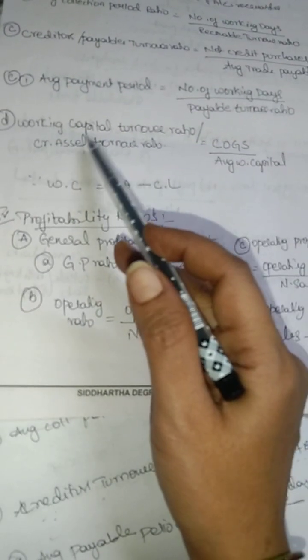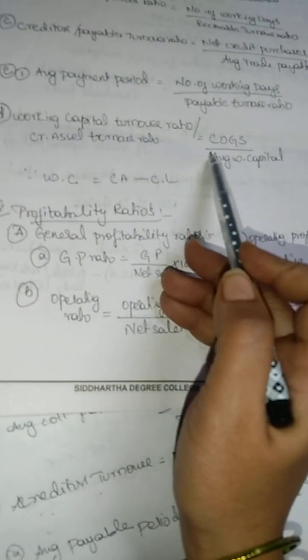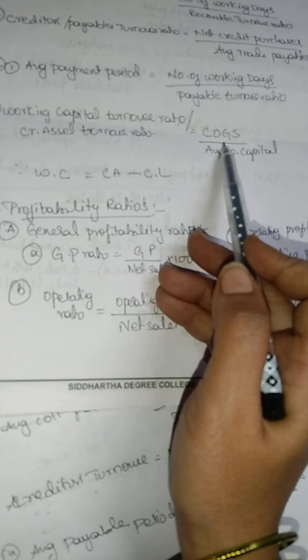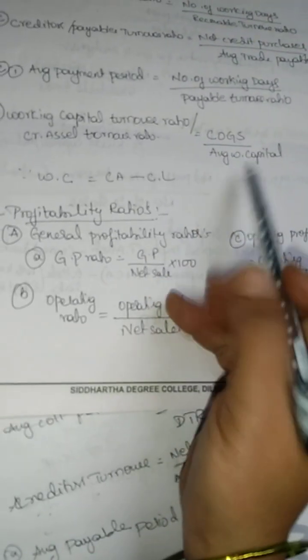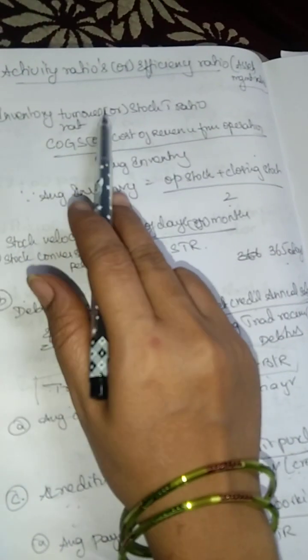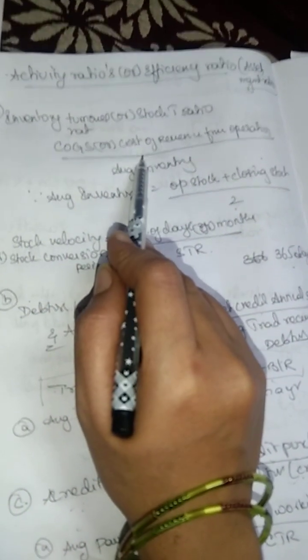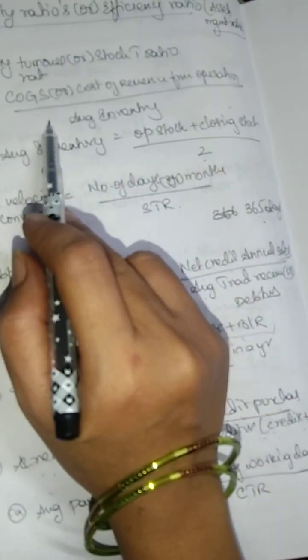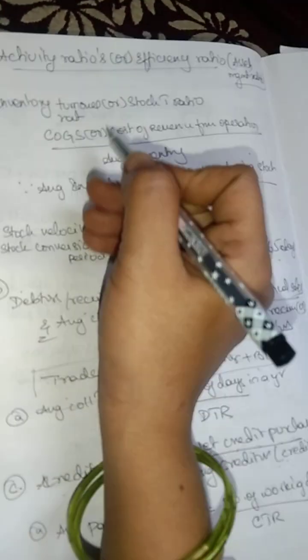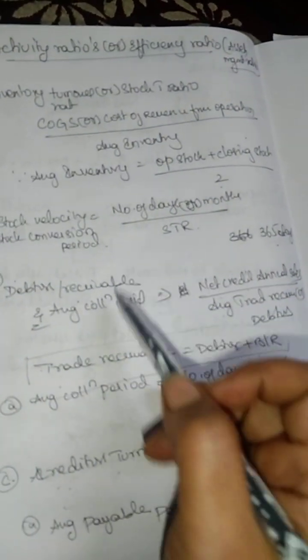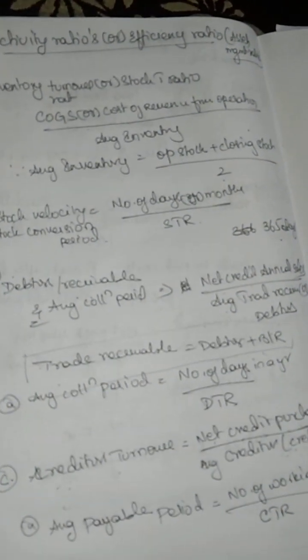Whenever he's talking about working capital turnover, it will always be on the top. So cost of goods sold divided by average working capital. And remember, wherever cost of goods sold is there, if in a particular question the cost of goods sold information is not there, in such a case you can simply take sales as the common point.